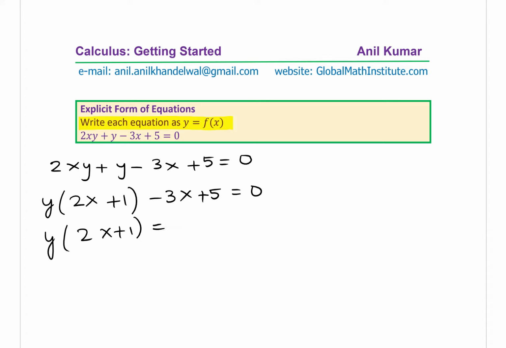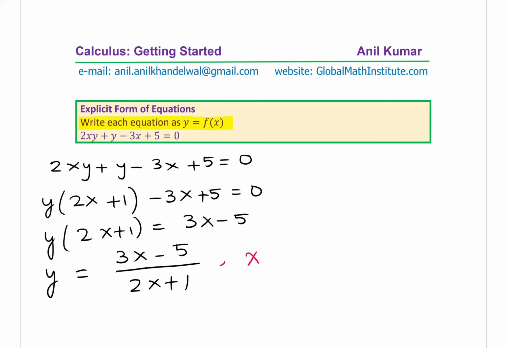So that will become 3x minus 5, and now we can divide 3x minus 5 by 2x plus 1 to get the explicit form of the equation. So we have written y on one side and x on the other side. Well, this definitely will have some restrictions, and as you know, x is not equal to minus half. Even if it is not asked for, it is kind of important to specify it.